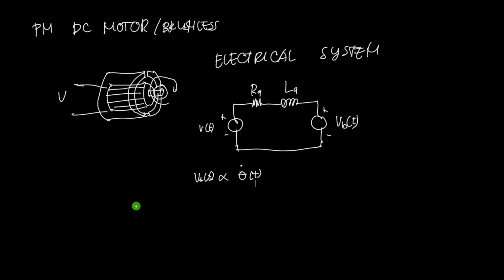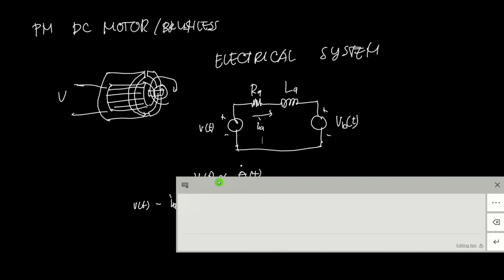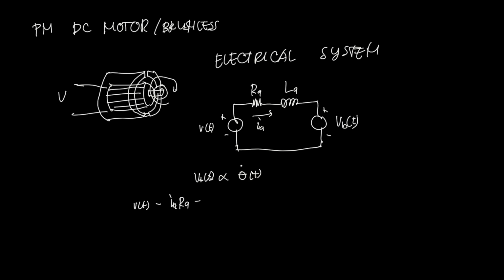If we have the voltage source V of t, then minus the voltage drop across RA. We have a current here, IA, the armature current, and the voltage drop across RA will be IA times RA. Then we have the voltage drop across the inductor. We already discussed this: inductors are devices that store energy.